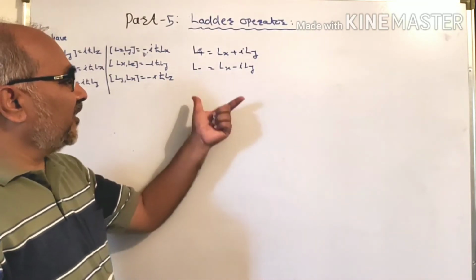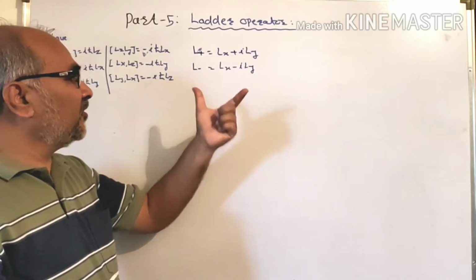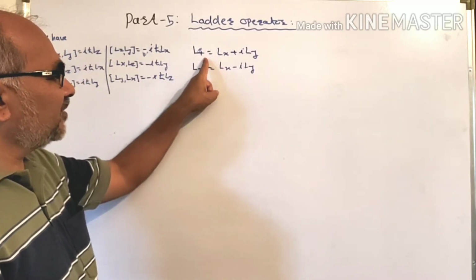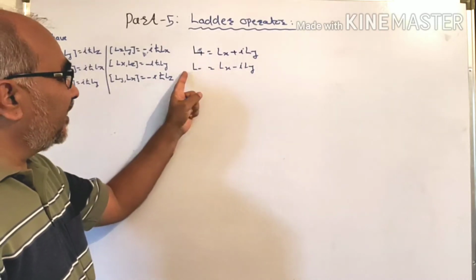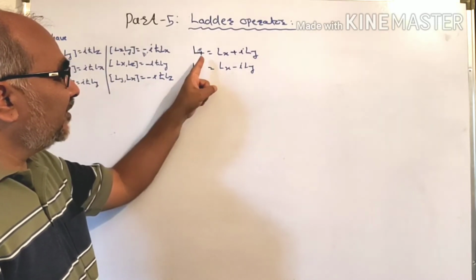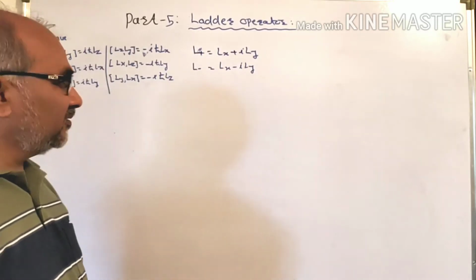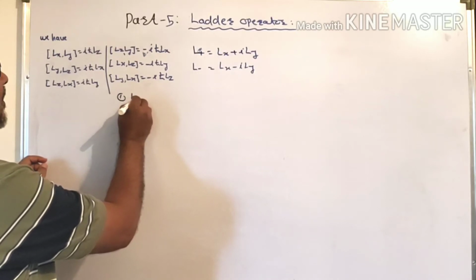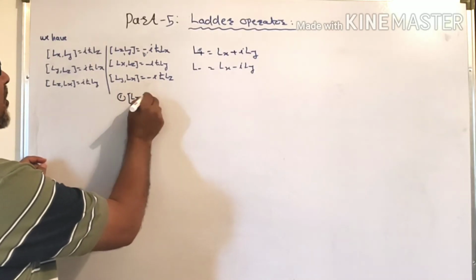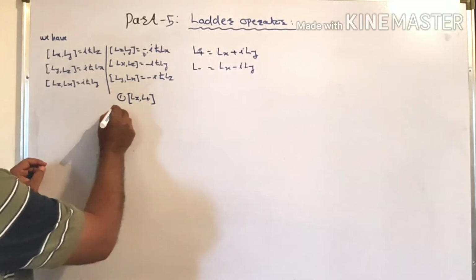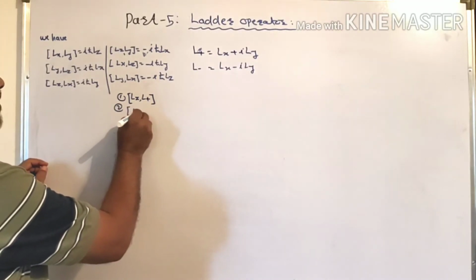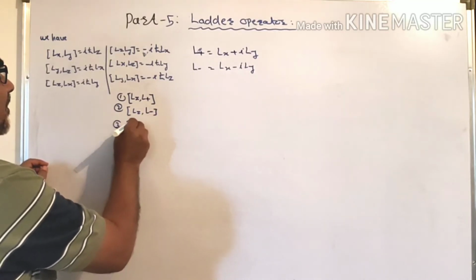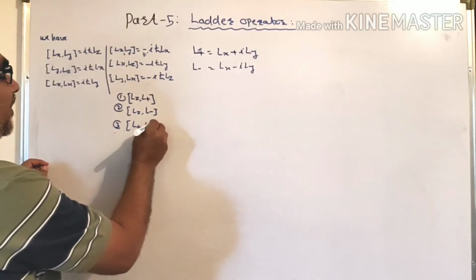Therefore, we have to see the commutation relations of Lz with L plus, Lz with L minus, and L plus with L minus. So there are three exercises: first, [Lz, L plus]; second, [Lz, L minus]; and third, [L plus, L minus].